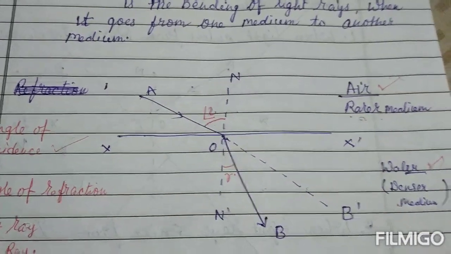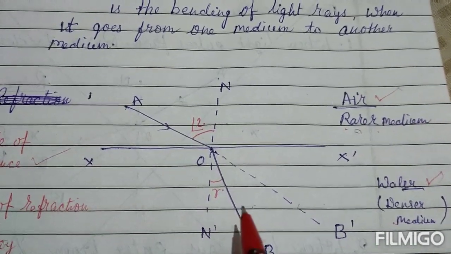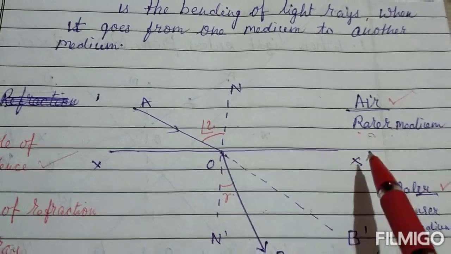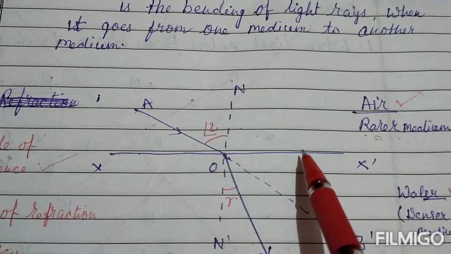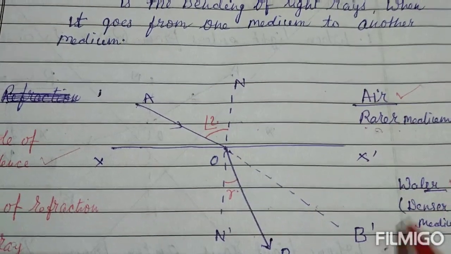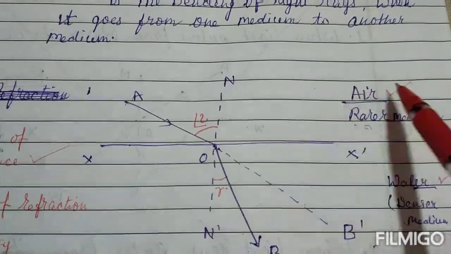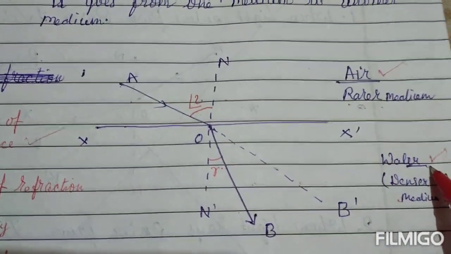Now it will be more clear through this diagram. Here X dash is the interface. Interface is the boundary separating two media, and this is air medium and water medium.